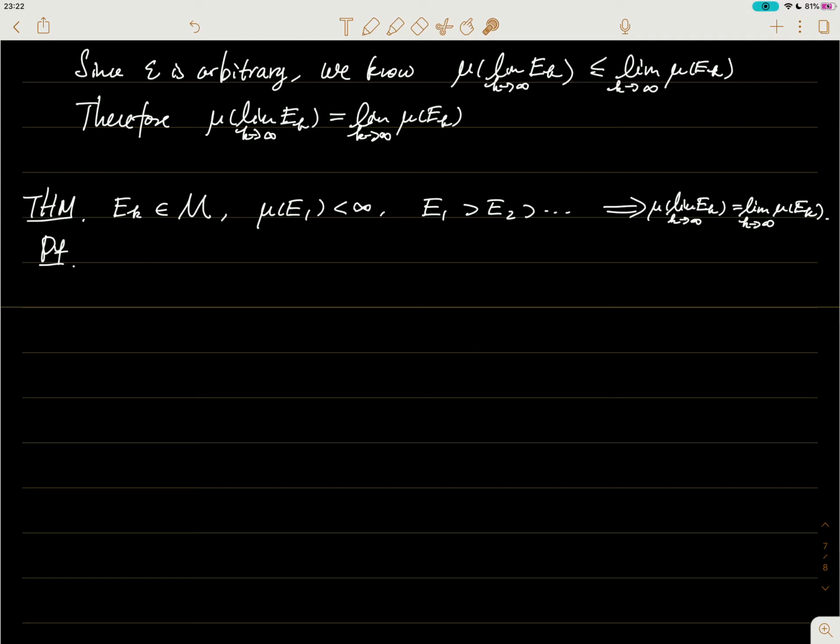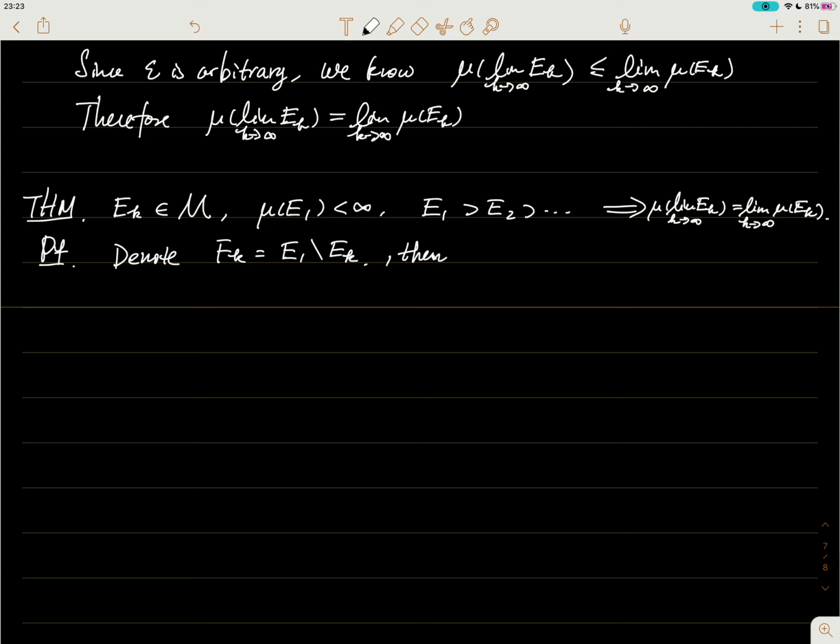And then we can define or denote the Fk to be E1 minus Ek. And because the Eks are decreasing, the Fks will be increasing, right? The first one, F1, should be empty, the F2 should be E1 minus E2. Okay, F3 should be E1 minus E3, and it's increasing.